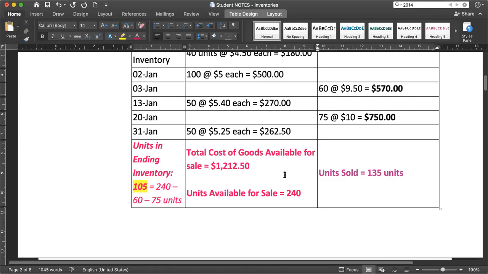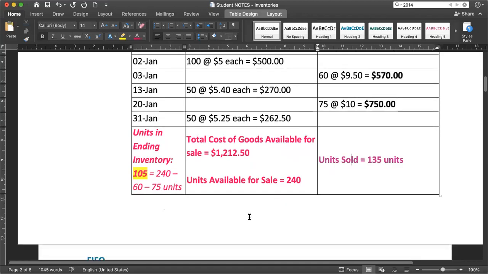The cost of goods sold, that is the cost of the 135 units sold, will be computed using either specific identification, first in, first out, LIFO, or weighted average. And we'll calculate the cost of the ending inventory a little bit differently for each of those methods.